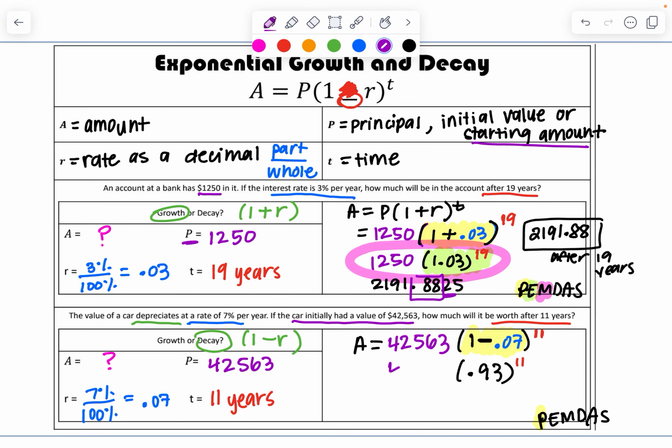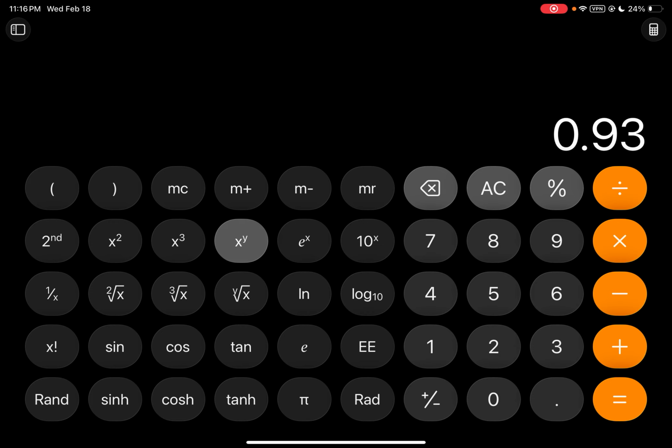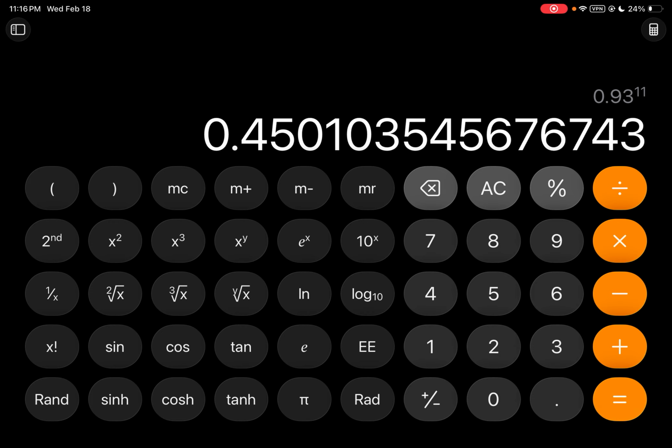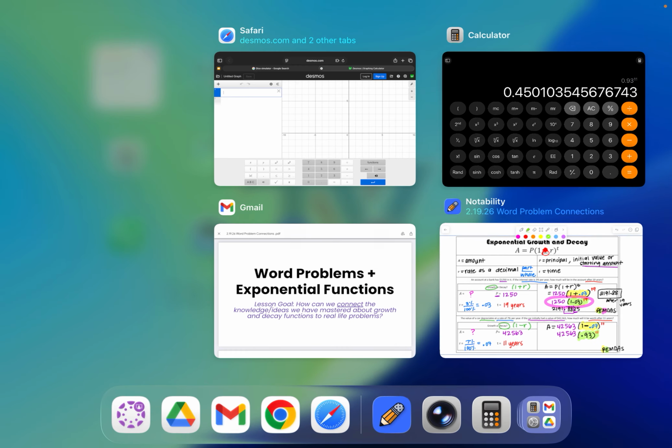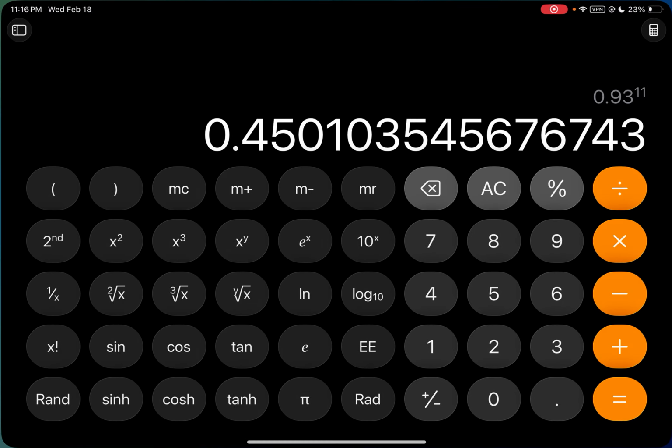Then we're going to need to do our exponents and then multiply. So parentheses, we simplified. Now we need to do the base to the exponent. That's E in PEMDAS. So I'm going to do 0.93 raised to the 11th power. And that's this crazy decimal. Don't write it down. Just know that our next step is we're going to need to multiply this number times 42563.